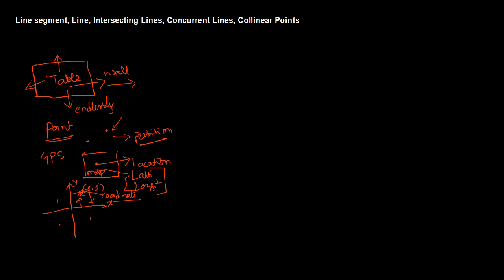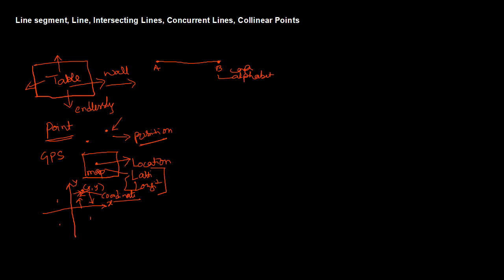From there, let's move on to line segment. If I join 2 points, a straight line joined by 2 points represented alphabetically, in capital letters, this makes up a line segment.